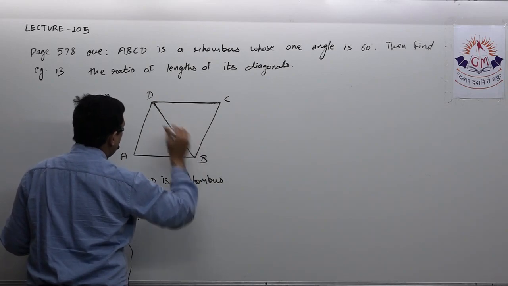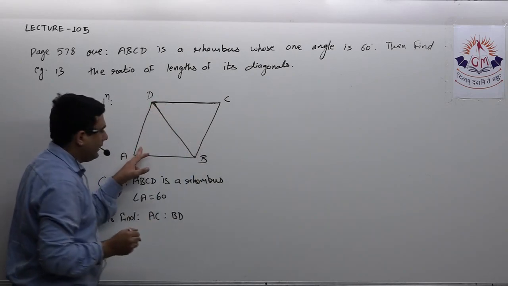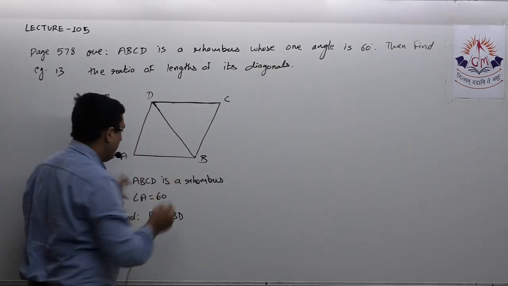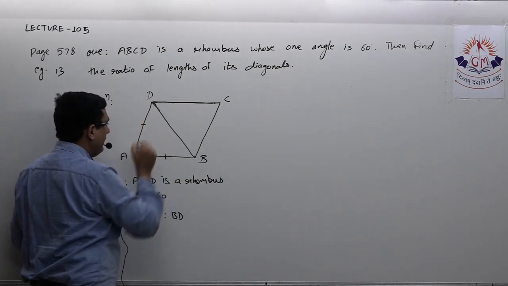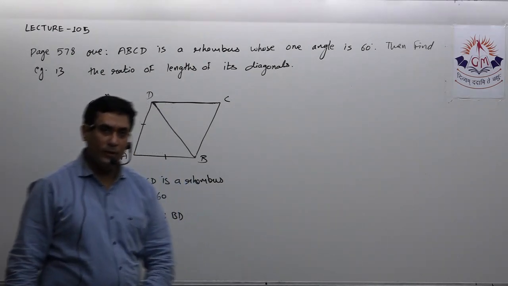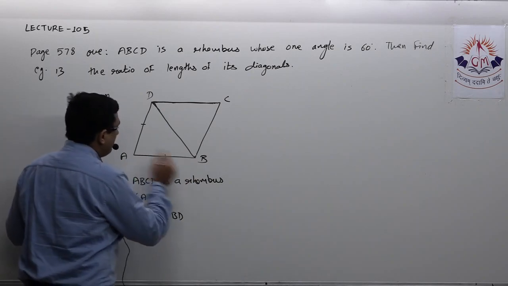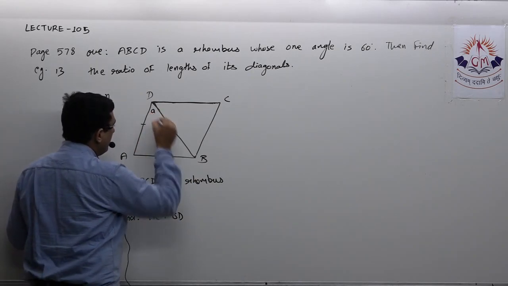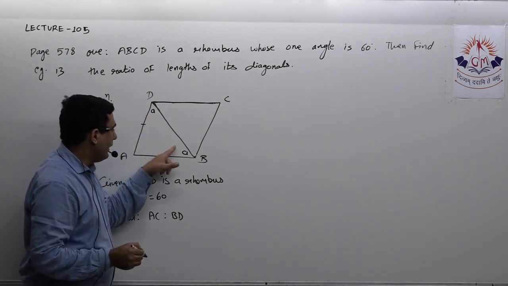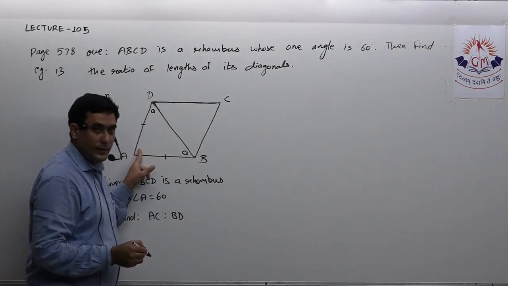See, one of its angles is 60 degrees, so I assumed angle A is 60 degrees. Now as this is a rhombus, all its sides are equal. So definitely AB equals AD. Now we also know that in a triangle, if two sides are equal, opposite angles are also equal. So I'm assuming this angle is A as well as this angle is A. Now A plus A plus 60 is equal to 180.